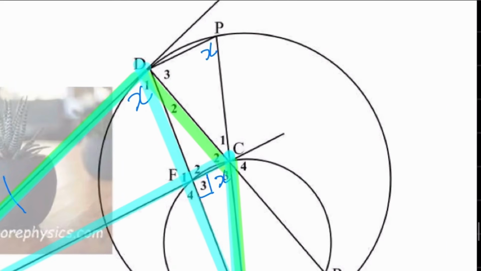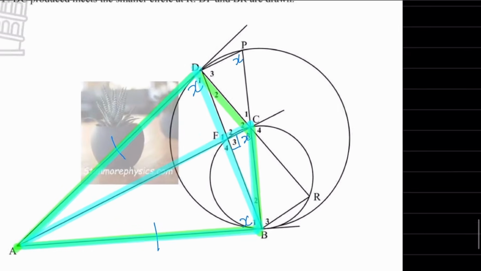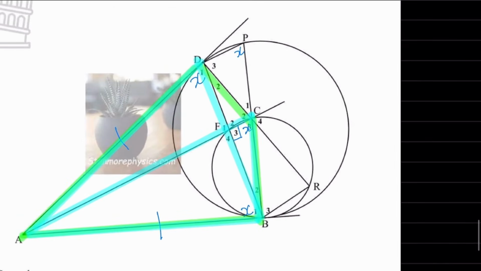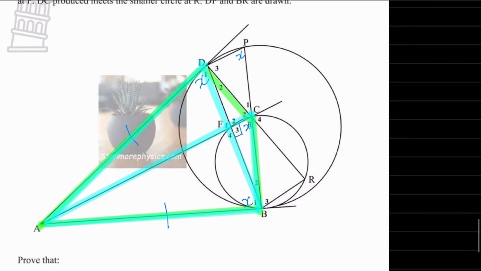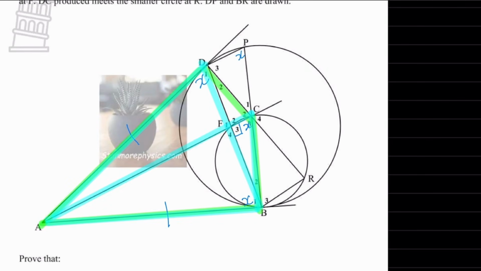Next question, prove that CP is equal to CD. Now, to prove that CP is equal to CD, we need to show that C3 is equal to X. Now, how can we do that? Now, since we've shown that ABCD is a cyclic quadrilateral, we can do the following.